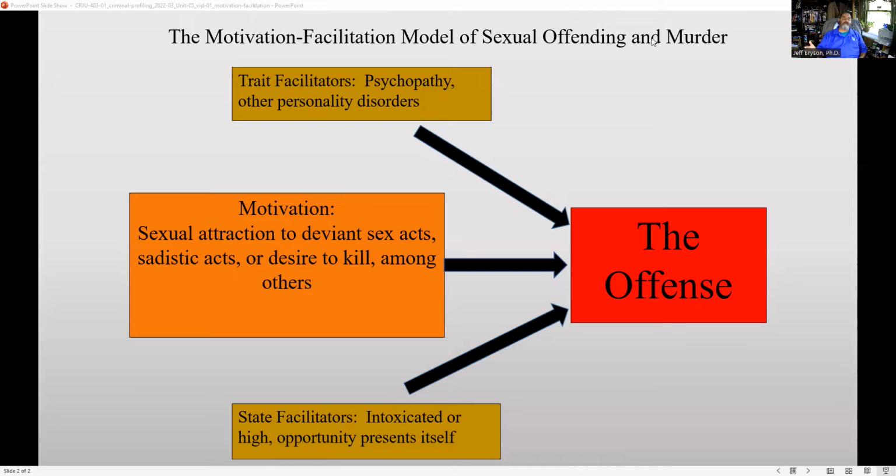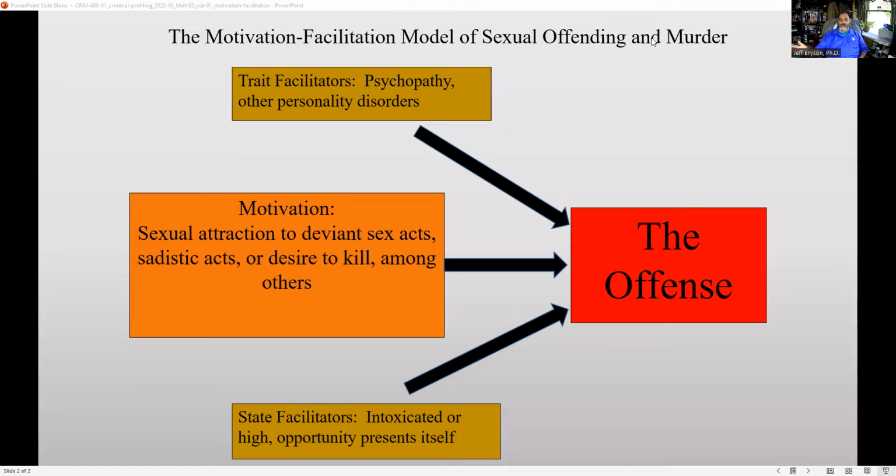So if it's a state facilitator and I'm intoxicated, I might have a sober friend there that prevents me from doing something, right? Or maybe there's a part of me that is psychopathic, but I also am a religious person and believe that God will send me to hell if I do this.